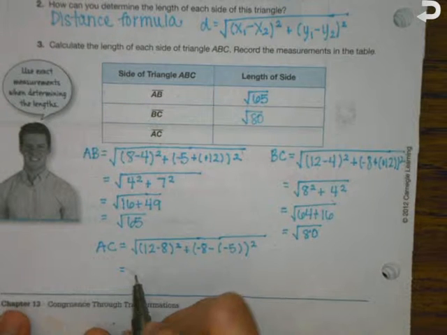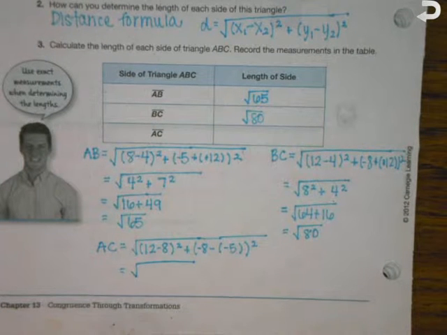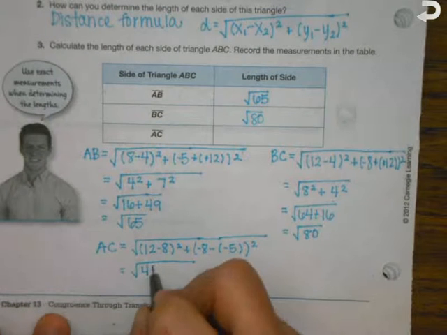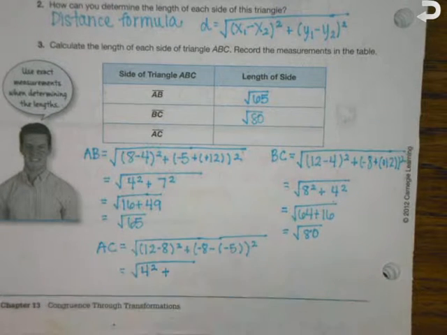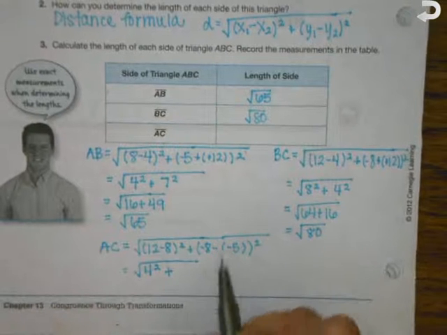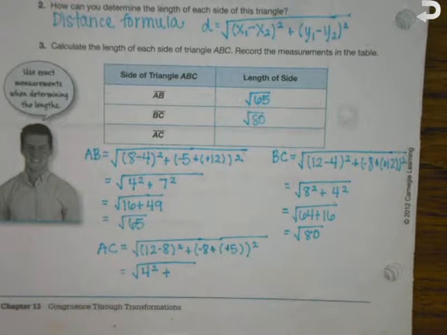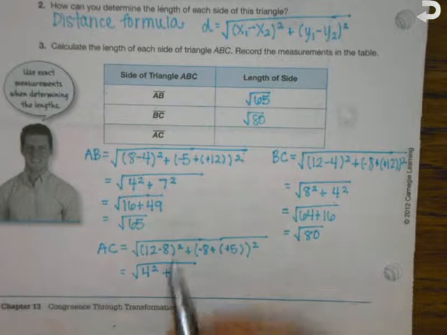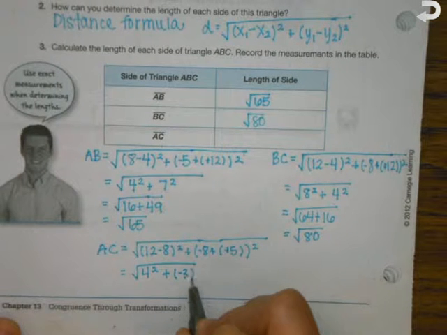Equals. We're almost done, guys. What is 12 minus 8? 4, so that's 4 squared, plus, okay, negative 8 minus negative 5. That all becomes positive. What's negative 8 plus 5 going to give me? Negative 3. So make sure you put in parentheses negative 3 squared.